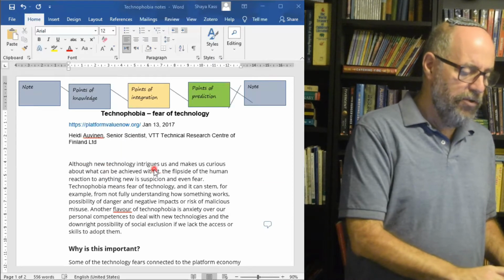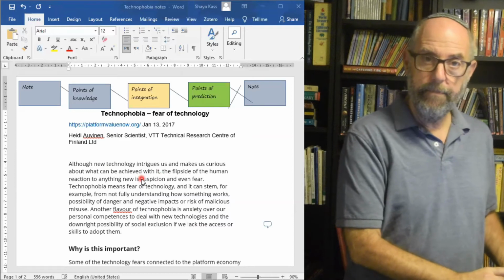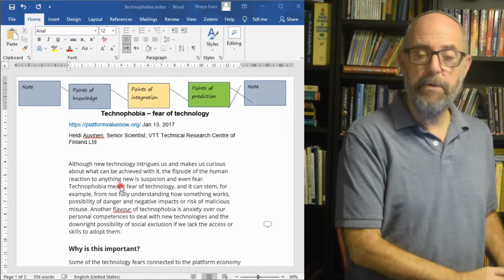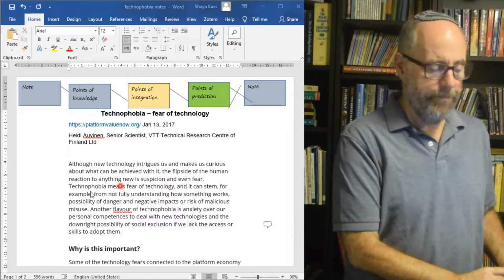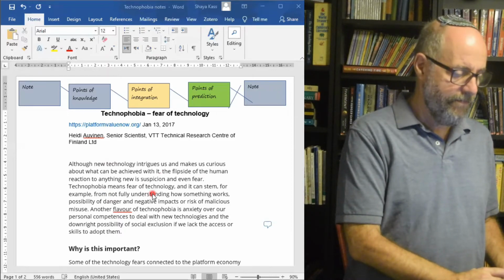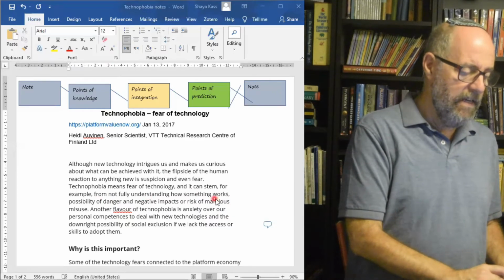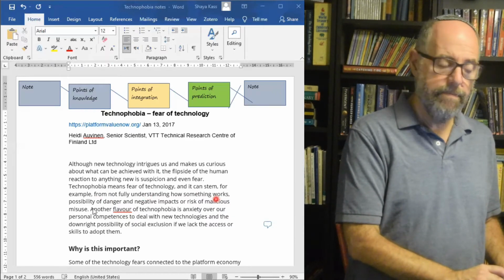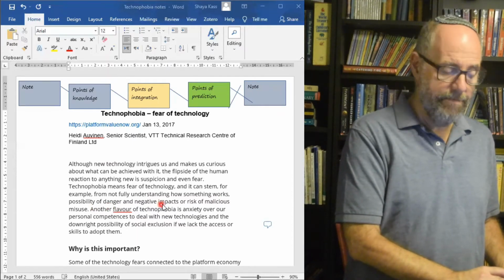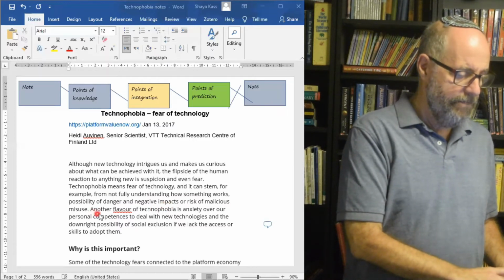Although new technology intrigues us and makes us curious about what can be achieved with it, the flip side of the human reaction to anything new is suspicion and even fear. Technophobia means fear of technology, and it can stem, for example, from not fully understanding how something works, possibility of danger and negative impacts, or risk of malicious misuse.